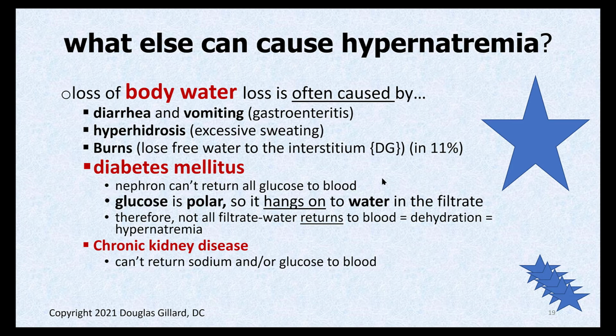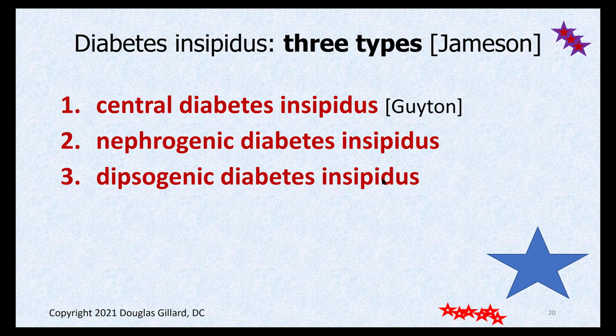If the glucose molecule goes into the filtrate, a bunch of water is hanging on to it. It gets sucked into the filtrate as well, and can't be returned. So you do lose water because of that and become dehydrated. And if you become dehydrated, you become hypernatremic. Chronic kidney disease, where you can't clear the sodium out of the blood, can also do the trick.